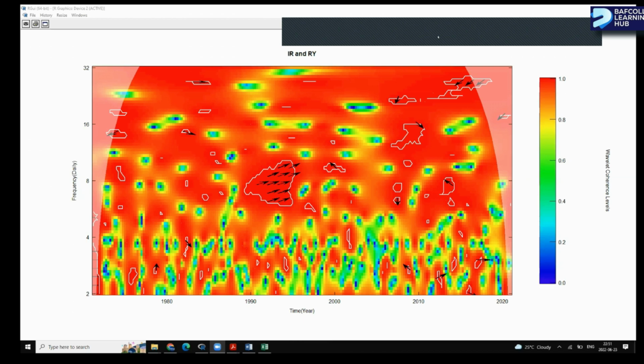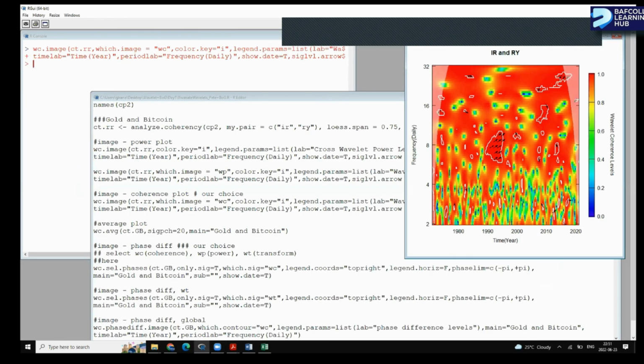A third variable is held constant so that the relation between these two will not be affected. If you have one variable that you think can influence the relation between two variables, you can hold it constant and see the non-tampered with relationship, if you like. So that's the partial wavelet.